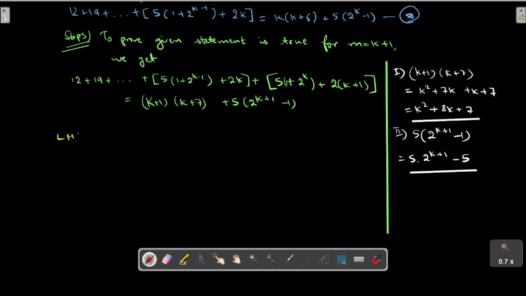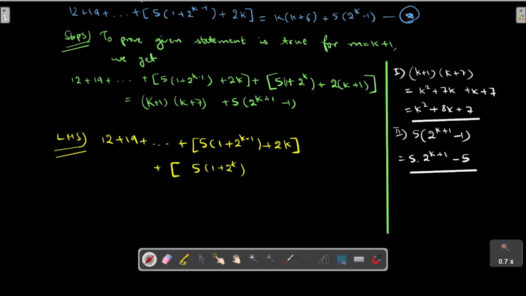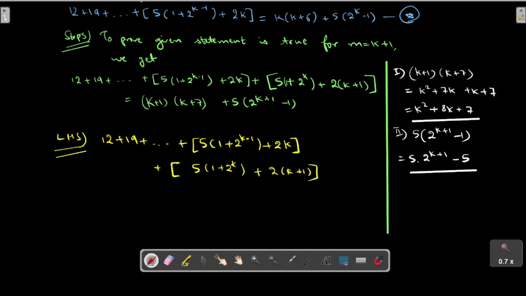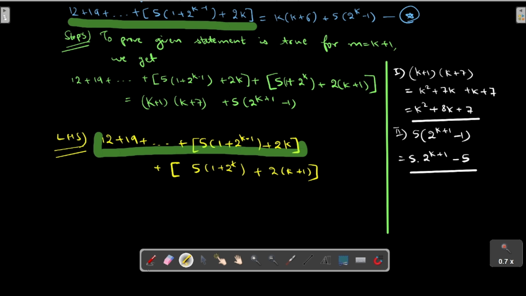Now let's consider LHS. On LHS, look, 12, 19, so on till 5 times (1 plus 2 to the power of k minus 1) plus 2 to the power of k, plus 5 times (1 plus 2 to the power of k) plus 2 to the power of k plus 1. Okay, so this bit is straight away from the left hand side of star, so we're gonna use this.